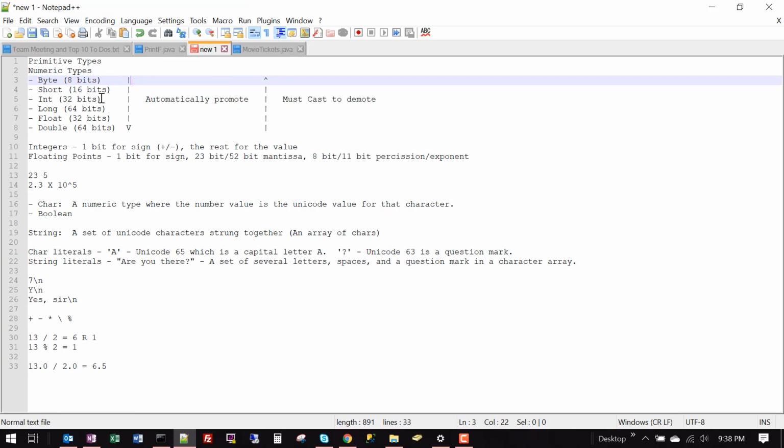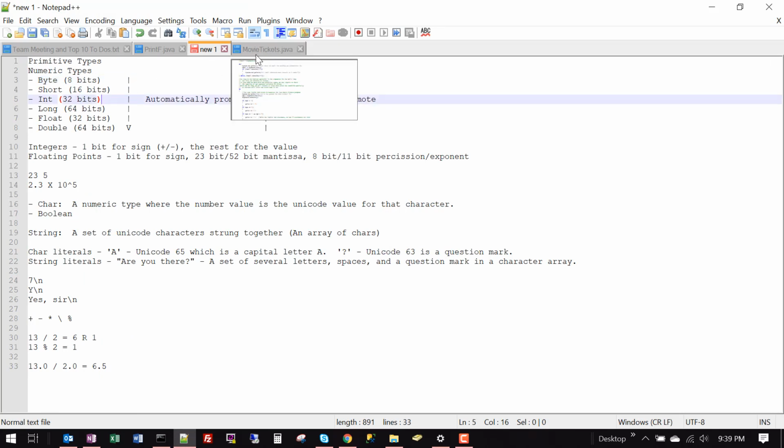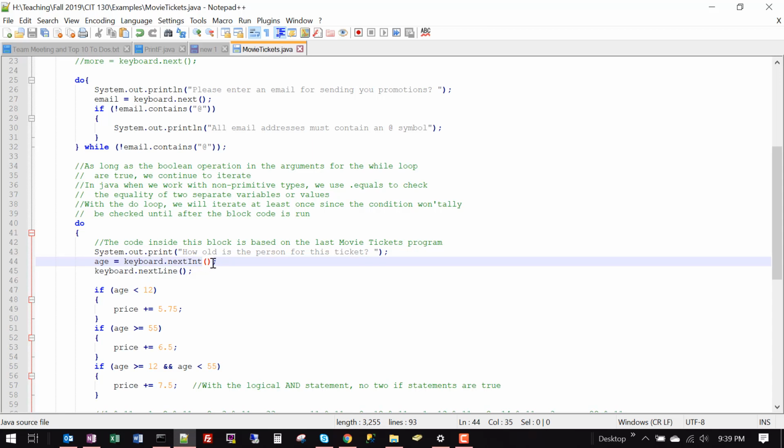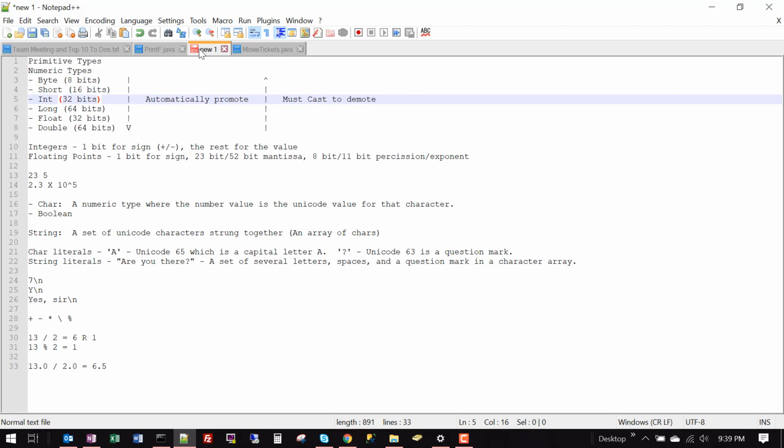Because now we're pulling the number in as an int. Next int will take whatever's on the keyboard and it will hold it as an int. In theory, even if they put in something like 7 or 49, which is a valid value for a byte, it's being stored in something that's 32 bits, which can hold numbers much, much larger. A byte can only go up to 127, where an integer, I think it's like 2.1 billion.